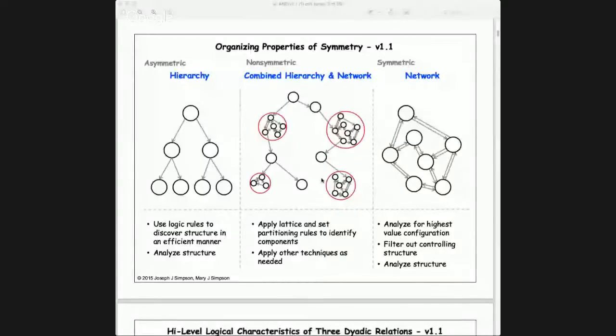So there are techniques, as we've seen, to create hierarchies from combined hierarchies and networks. We also have techniques to analyze a network. And why is this important and what does it mean?